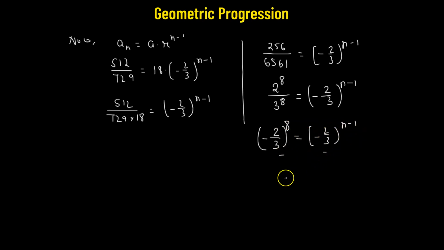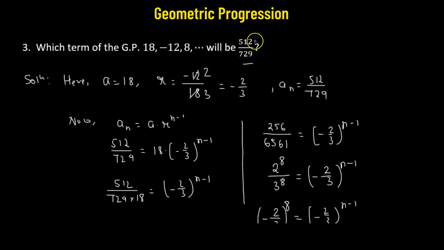Since the base is exactly the same, we can equate the powers to get n minus 1 equals 8, or solving for n, we have n equals 9. That means the ninth term of the given geometric progression is going to have a value 512 divided by 729. Let's move on to the final problem.